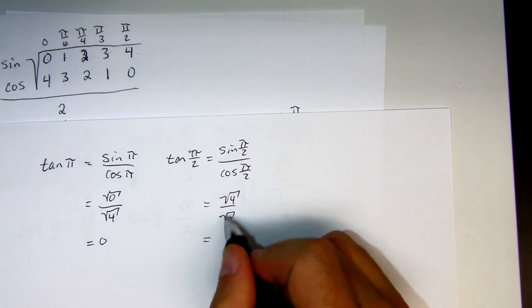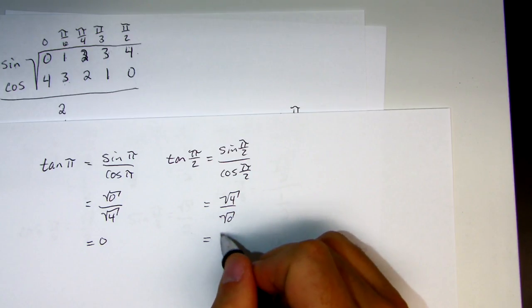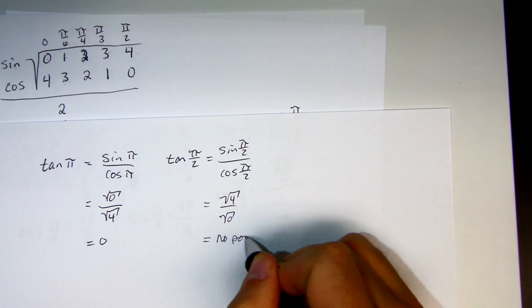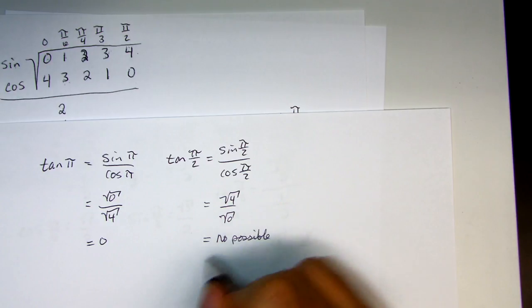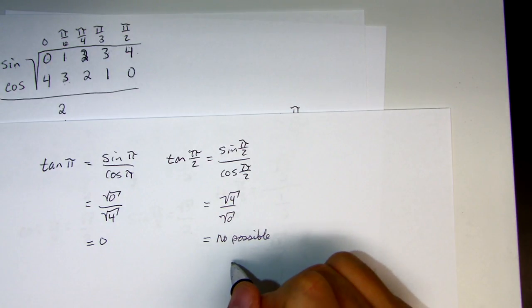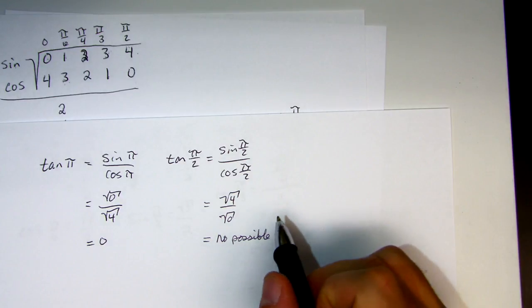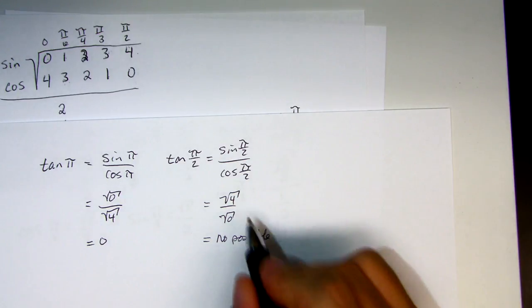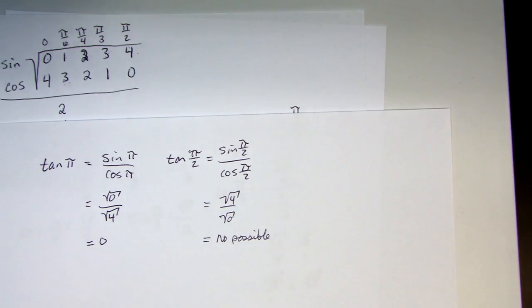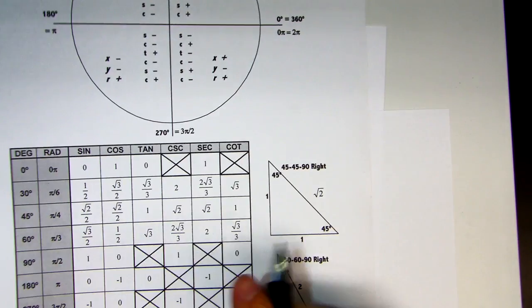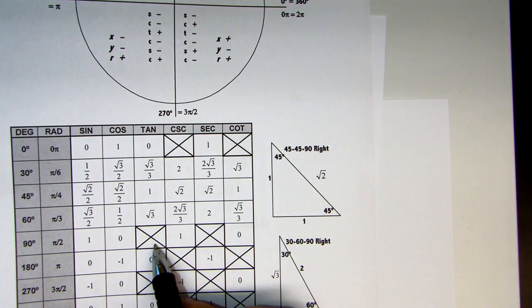And then we see that we have a divide by 0 here, so this is not possible. We can say no solution, no real solution, does not exist, that sort of thing. But on our trig sheet, when we fill it in, you'll just put an X, not defined.